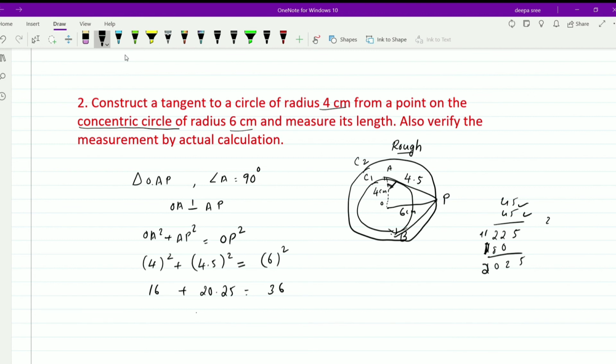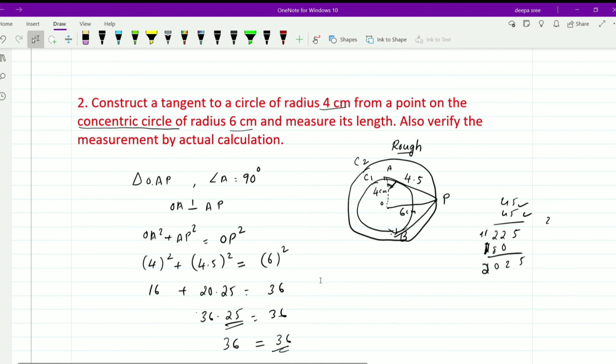We can ignore the 0.25 decimal and write that verification is over, because 36.25 can be written as a round figure, and 36 is equal to 36. Sometimes small changes come in the measurement because of the construction. If you do it carefully, you will get the correct answer. I have just shown how to verify by actual calculation.